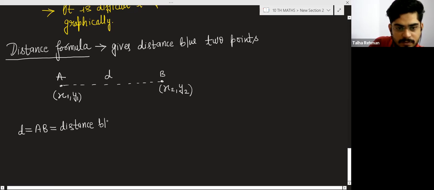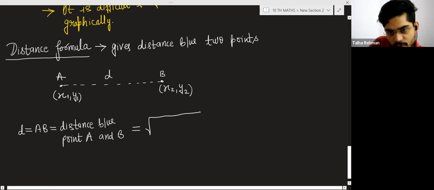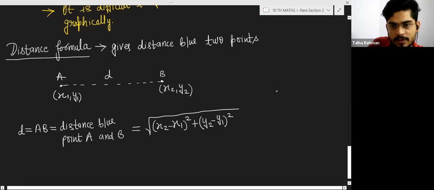Distance between points A and B is equal to, first write under root, x2 minus x1 whole square plus y2 minus y1 whole square.